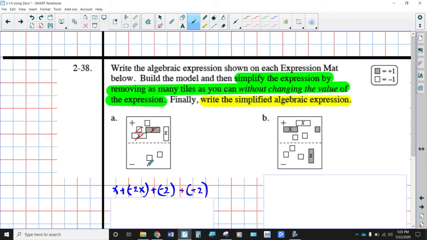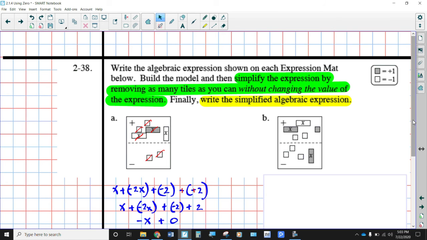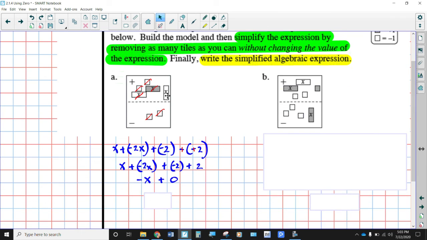Well, that's because these guys are the same tile in opposite regions, and they will cancel each other out. So eventually you end up with that negative x gets added to 0, because this zeroes out, right? Negative 2 plus 2, and one of those x's gets canceled out with a negative x, leaving you with just that negative x. So we end up with negative x, okay?